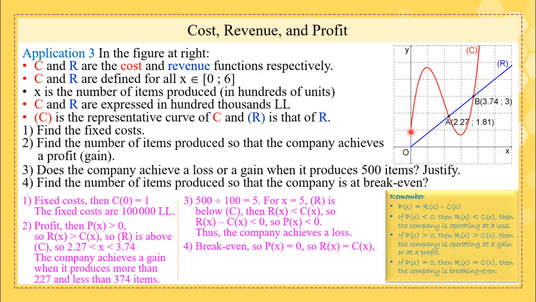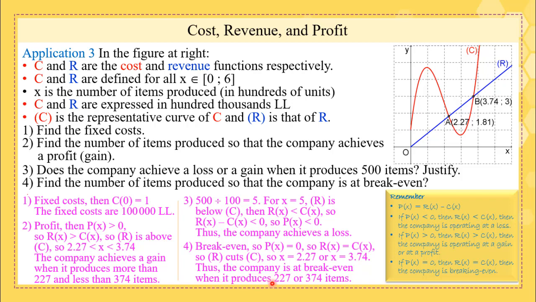So R of x equals C of x graphically means that we find the intersecting point between the two curves, C and R. So C intersects R at A and B with abscissas 2.27 and 3.74. Finally, don't forget to answer the question by multiplying by the unit of x. Thus, the company is at a break even when it produces 227 or 374 items.